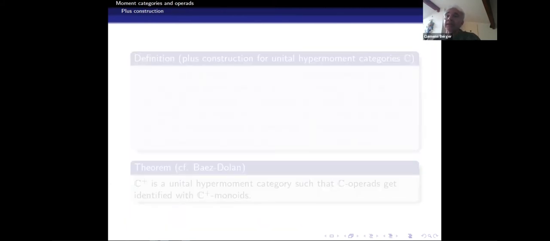You have seen, I must hurry up a little bit, that symmetric operads appear twice. They appear as gamma operads, so operads over the moment category gamma, but also as monoids for the dendroidal category omega. And this is not somehow a coincidence.